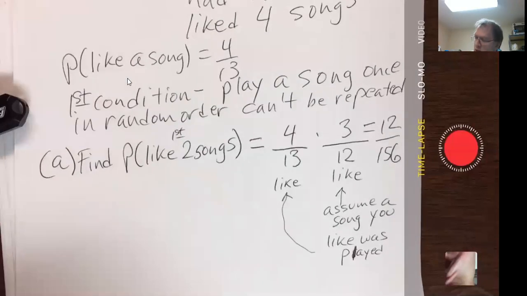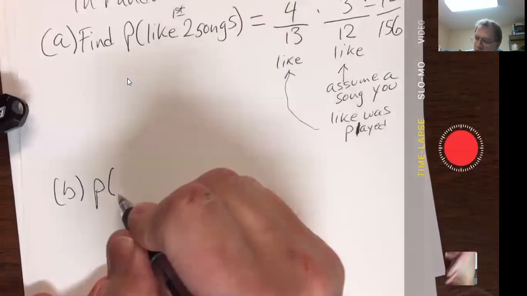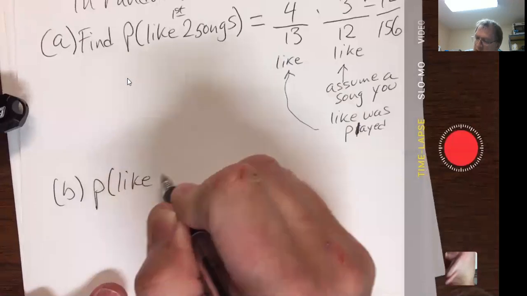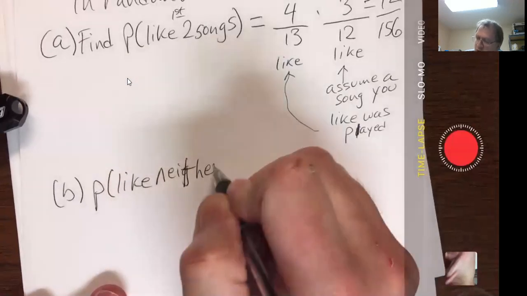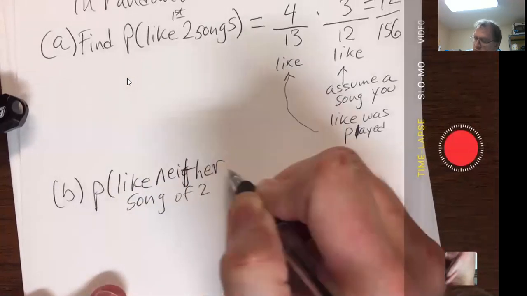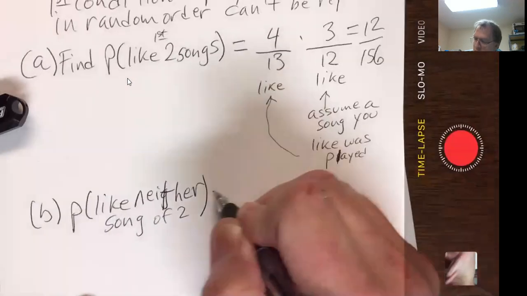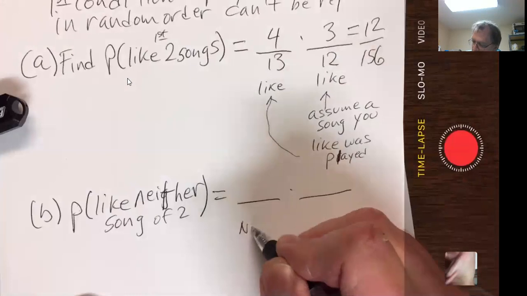So part B was the probability you like neither song of 2. In other words, 2 slots and you do not like either.